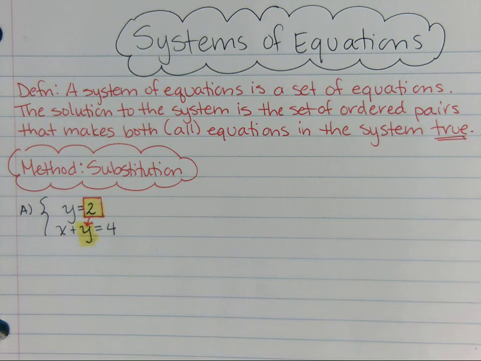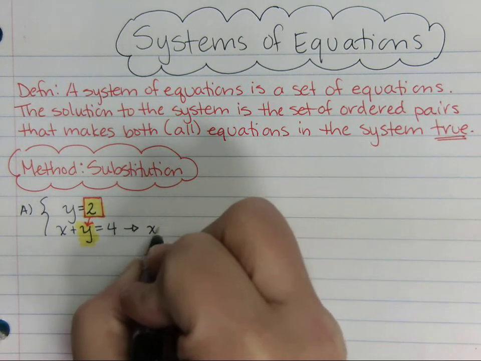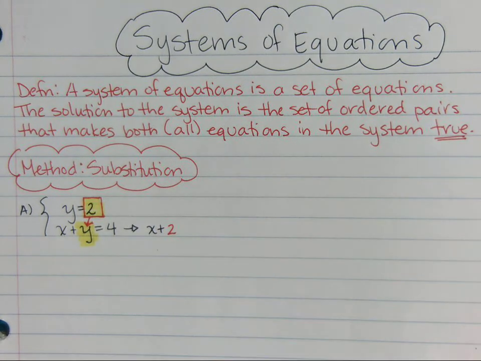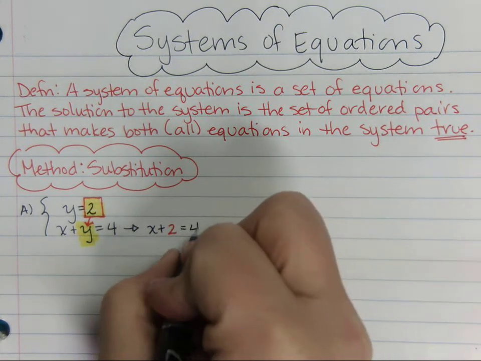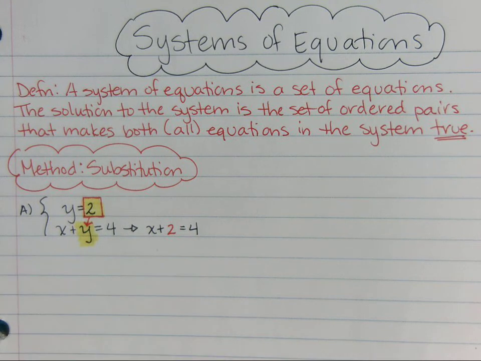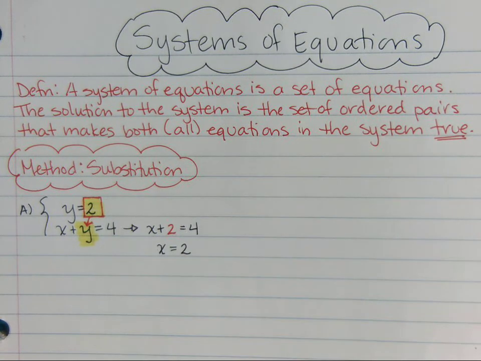And so what happens is this equation now looks like x plus 2 equals 4. So I want to replace the value of y with what the information from the other equation says y is equal to. And now when I solve, I get the value that x equals 2.